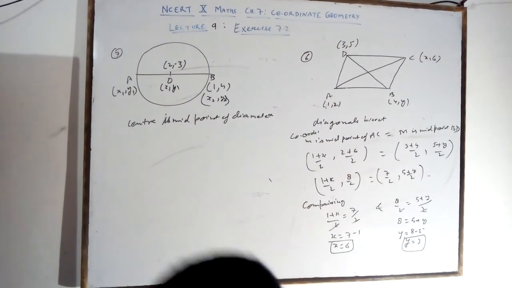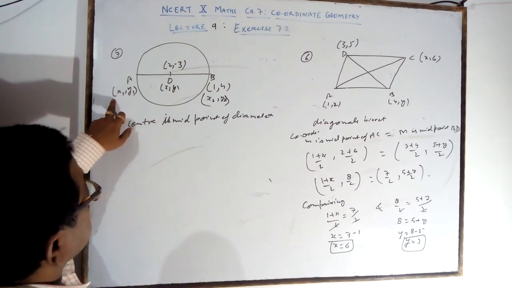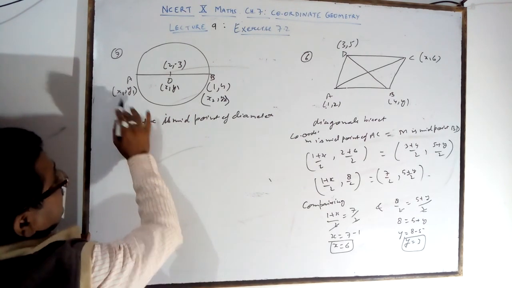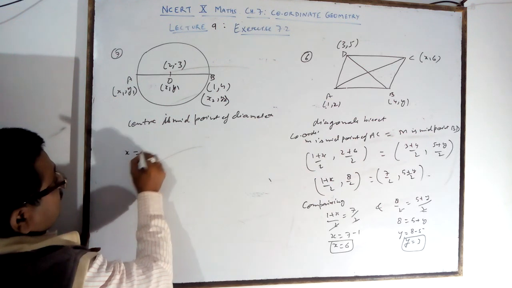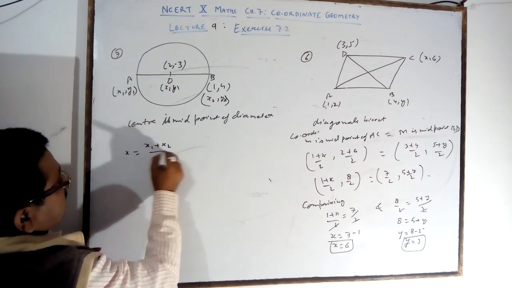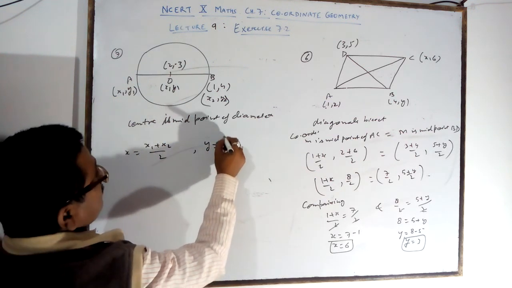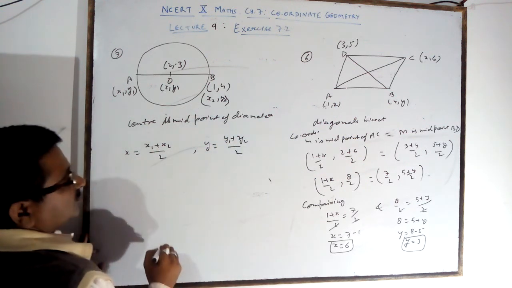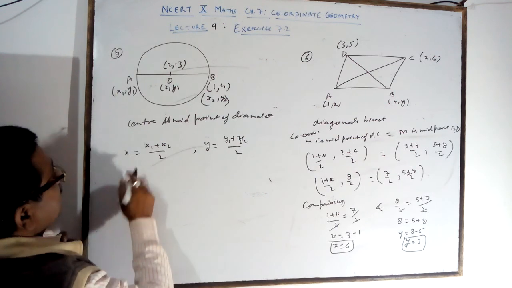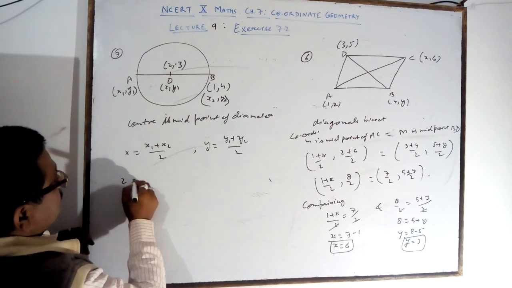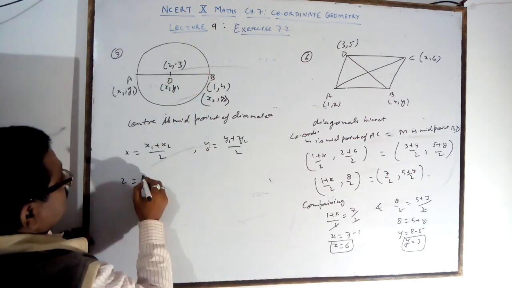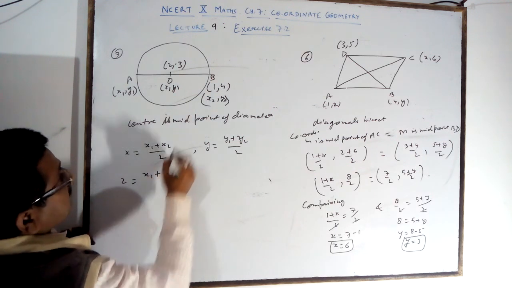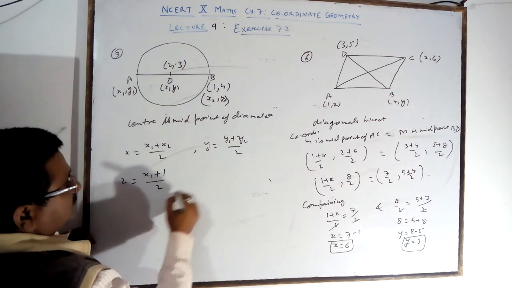You want to find this. X is equal to (x1 plus x2) by 2, y is equal to (y1 plus y2) by 2. Put the values. X is given as 2, so 2 is equal to (x1 plus 1) by 2.